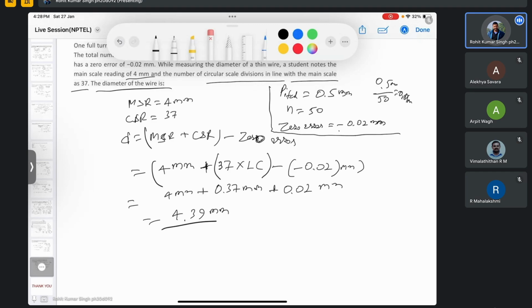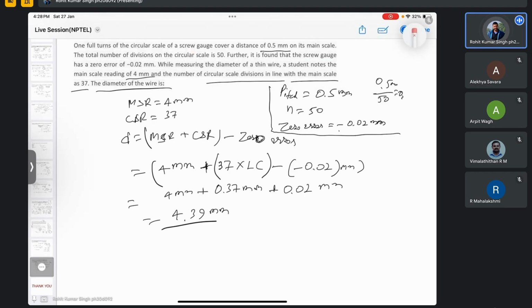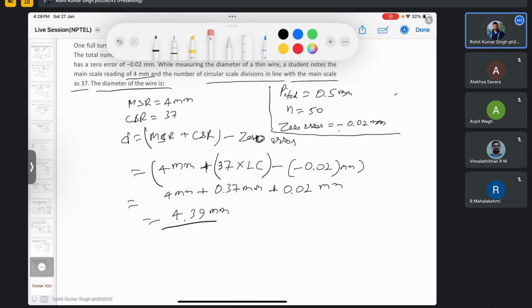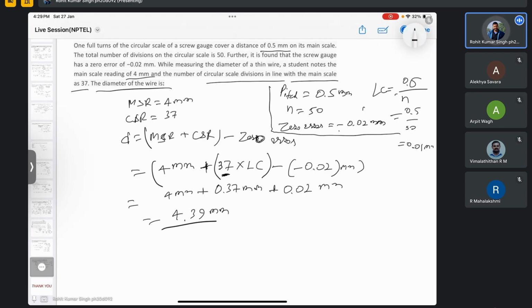Mahalakshmi, we didn't add the least count. We found the least count using the formula: pitch divided by number of divisions, which is 0.5 by 50, 0.01 mm. We multiplied the number of divisions on the circular scale, which is 37, into our least count.